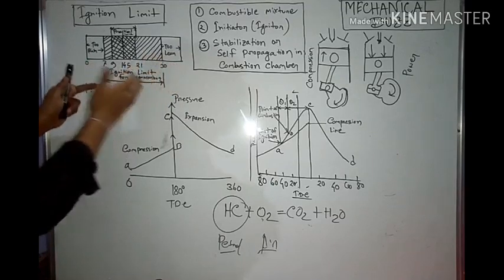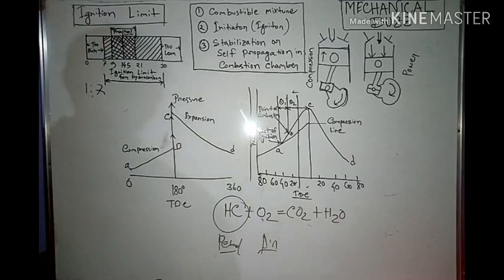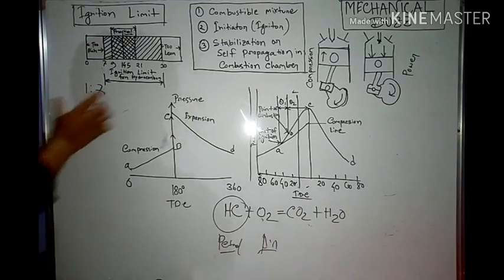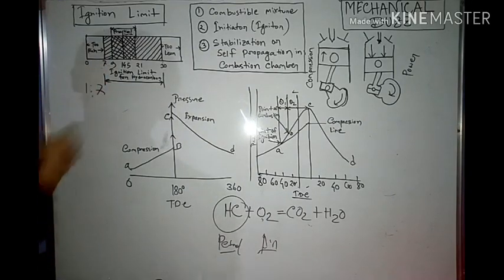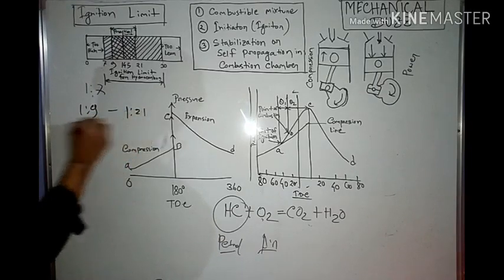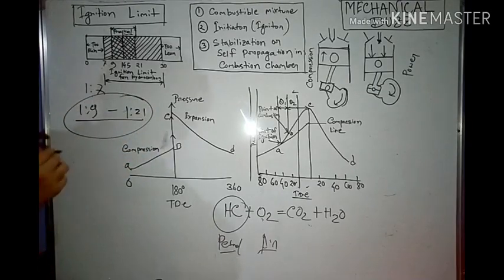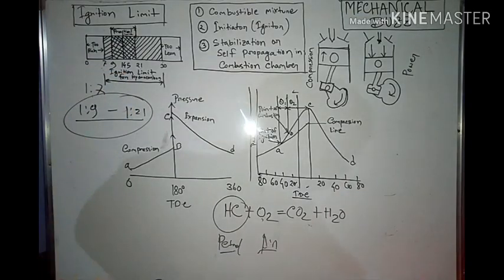Out of it, your engine is not going to fire. The practical limit, as opposed to this theoretical limit, is that your engine needs 1:9 to 1:21. But the best one is 1:14.5, which is the stoichiometric ratio.